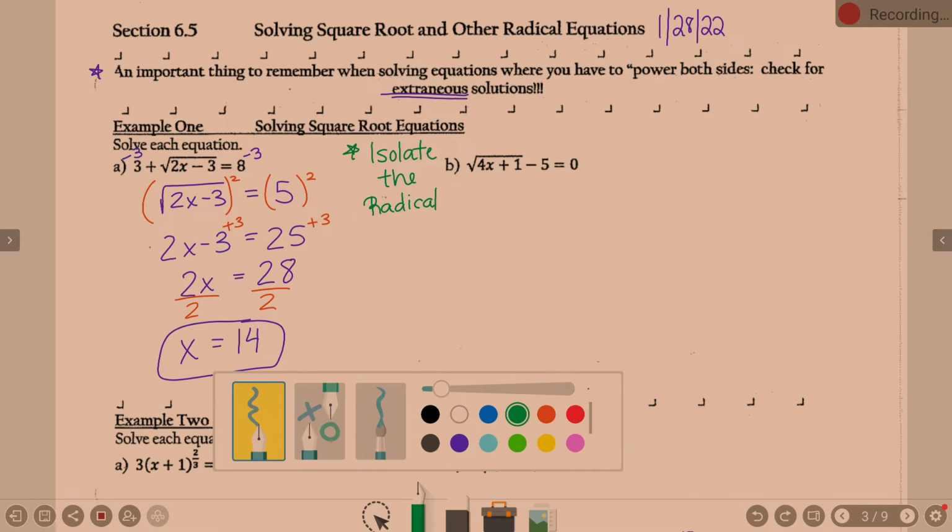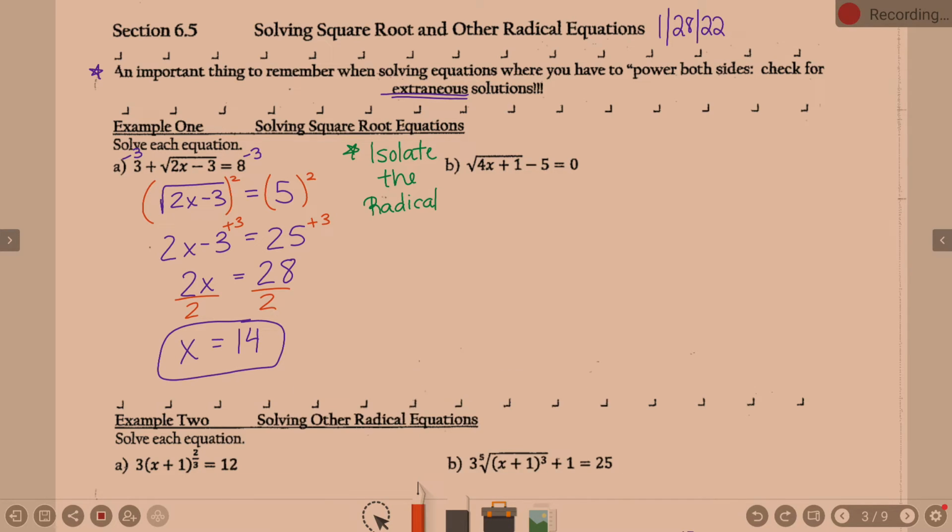Same thing here. So I got the radical by itself. I isolated it. Then I squared both sides to get rid of the square root. And then I solved that equation.